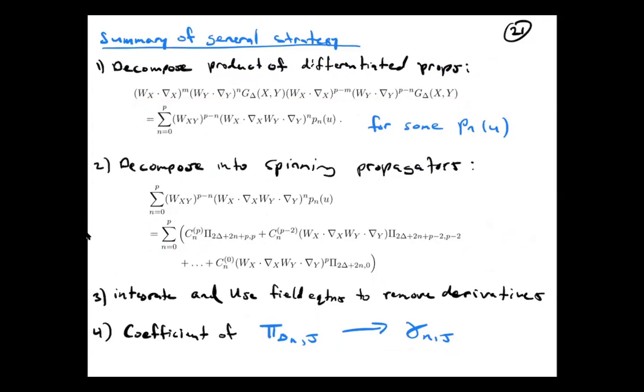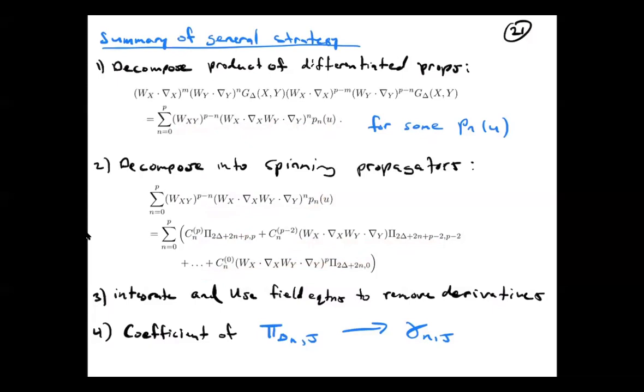We first write this as a sum of these derivative operators acting on some functions. And then each of these terms, we expand in terms of spinning propagators and derivatives of spinning propagators. It's useful to do this two-step process for technical reasons that I won't bore you with here. But each of these steps is completely straightforward.